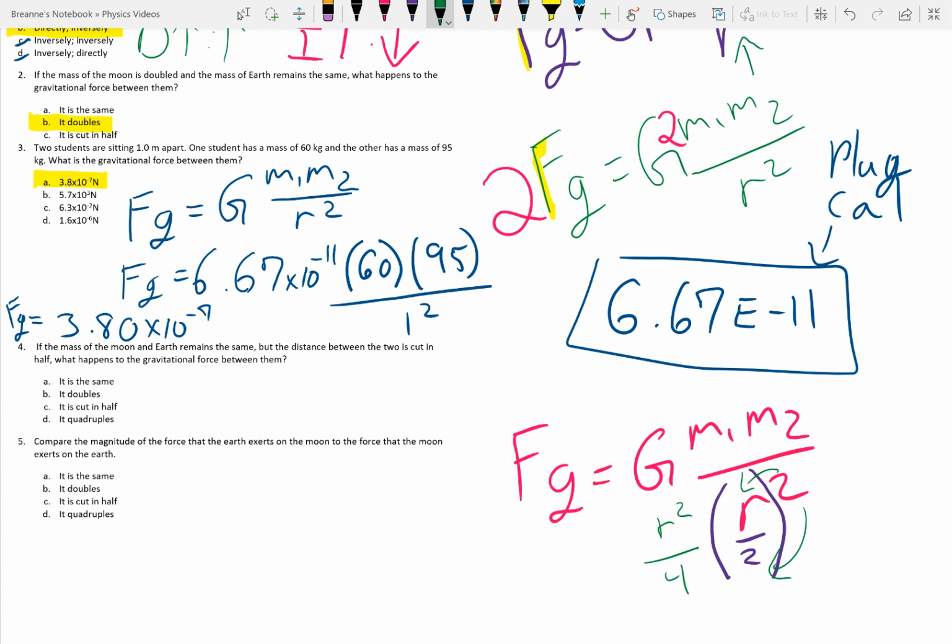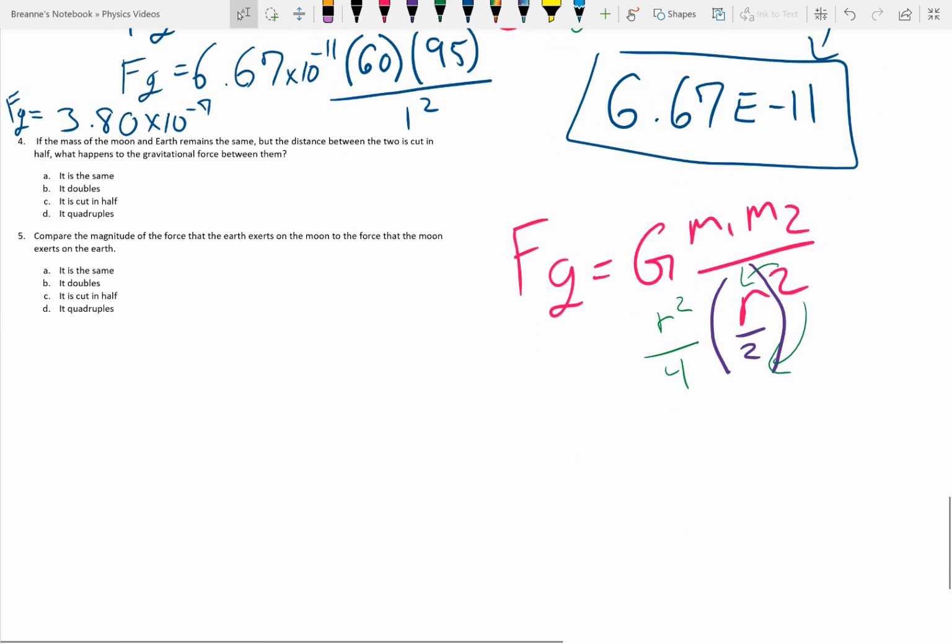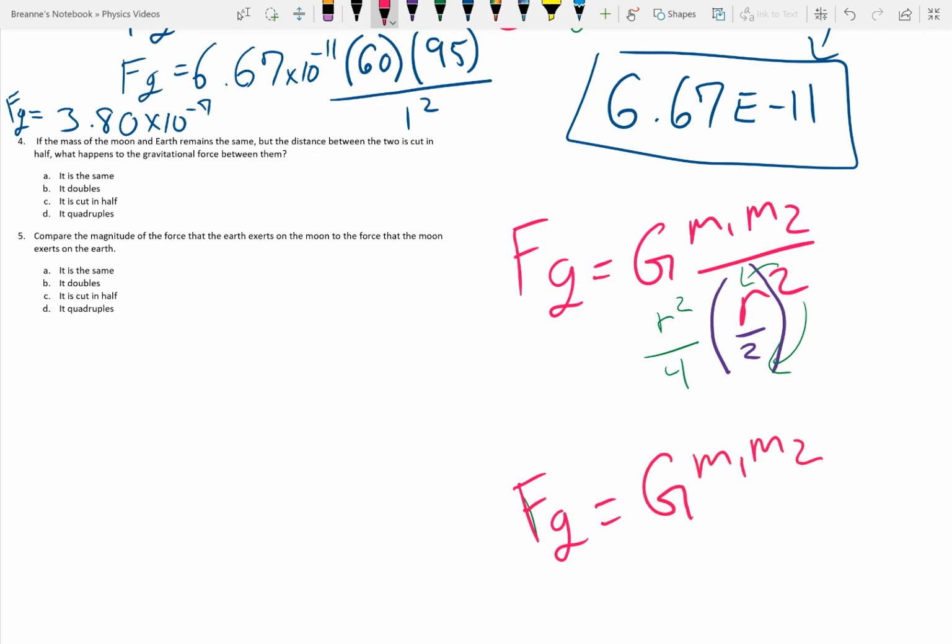But when you do a divide over divide, I'll actually keep it in the color so you don't get confused: force of gravity, G, m1, m2 divided by r squared. But when you divide a divide, it's just a multiply. So you're actually increasing it by 4.